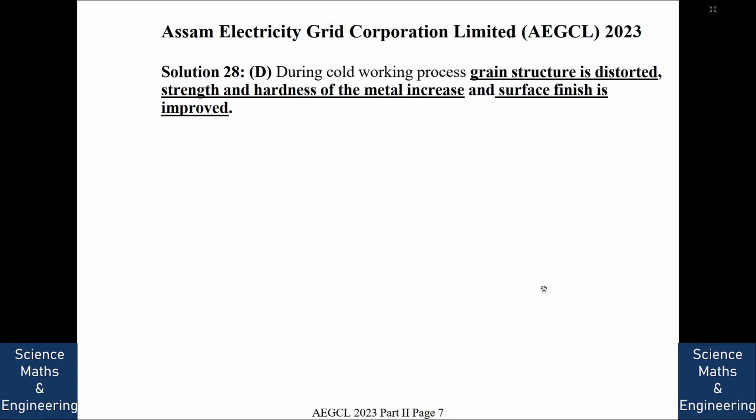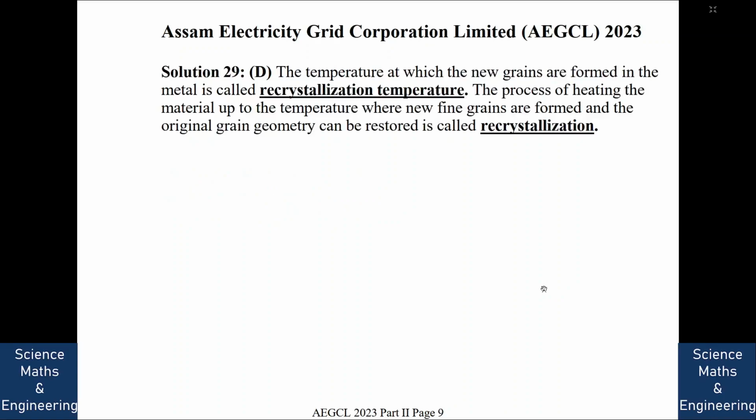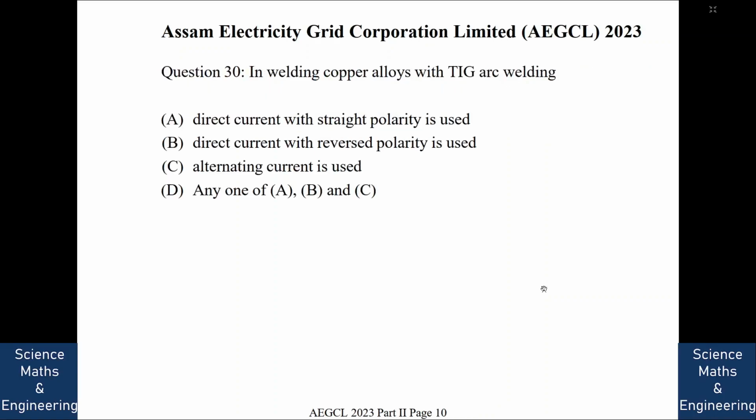So we'll go to the next question. The temperature at which the new grains are formed in the metal is called the recrystallization temperature, and the process of heating the metal up to this temperature where new fine grains are formed so that the original grain geometry can be restored is known as recrystallization. Okay, so we'll go to the next question.